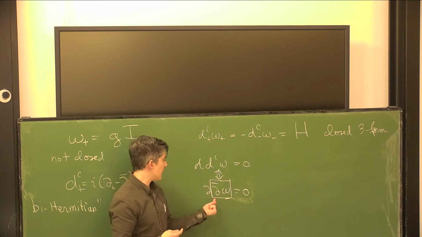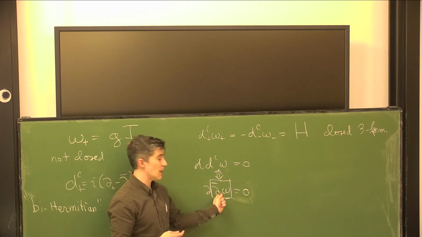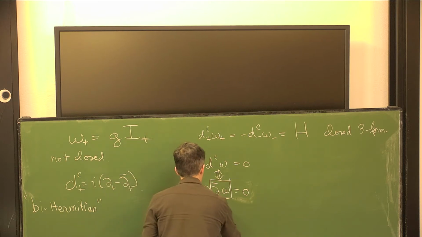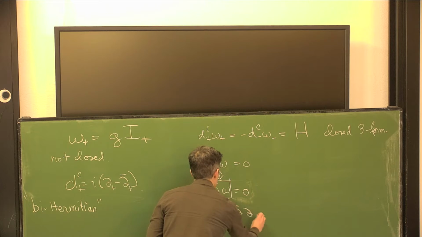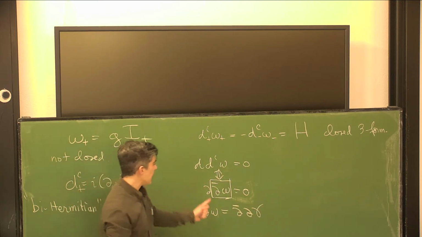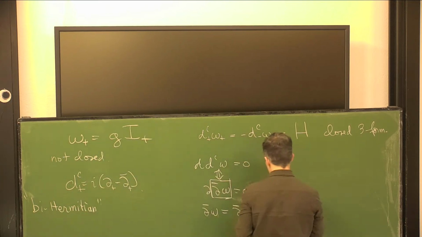The dd bar lemma says that if you have a form which is del closed and del bar exact, then it's del exact. So it would say that del bar omega would be del of something. And in that case, this would imply that the cohomology class of H is 0.